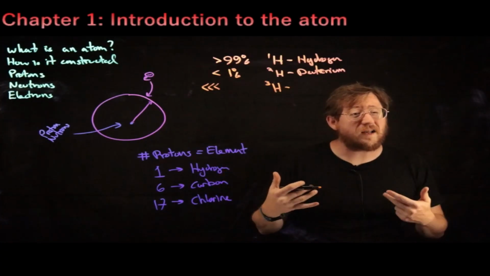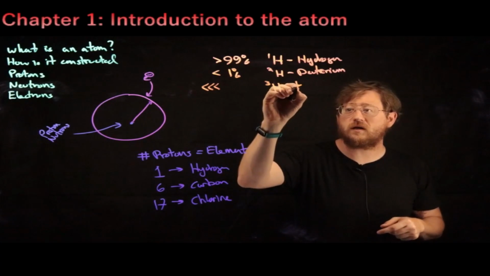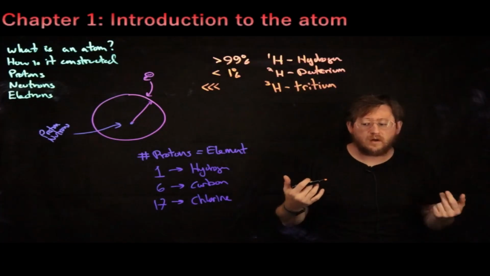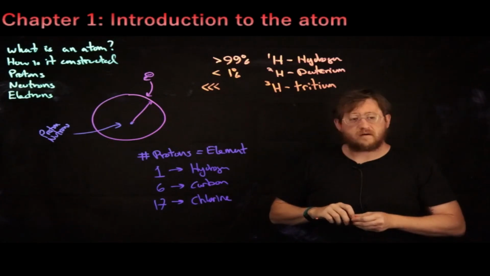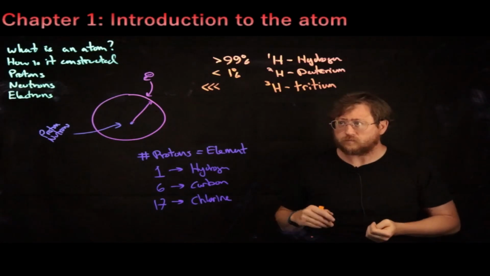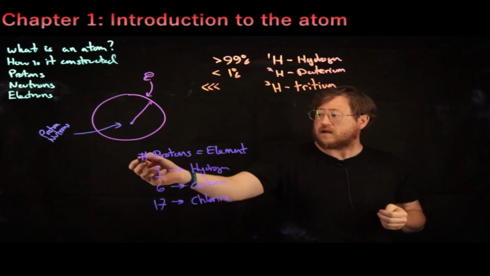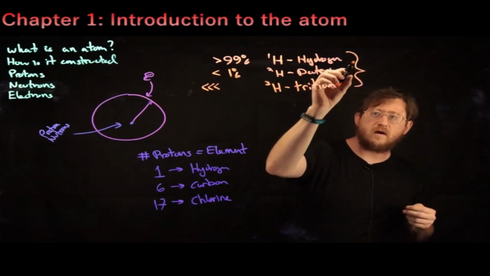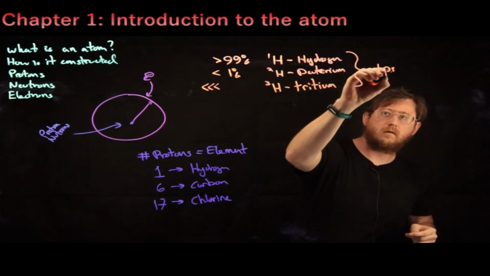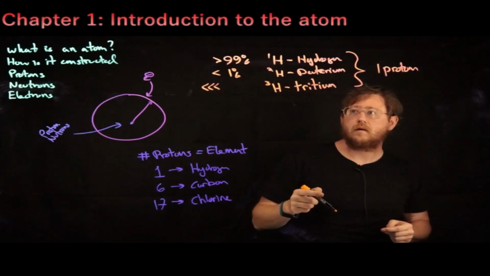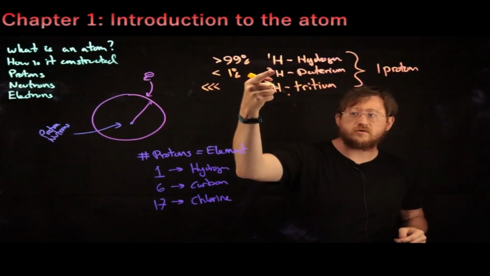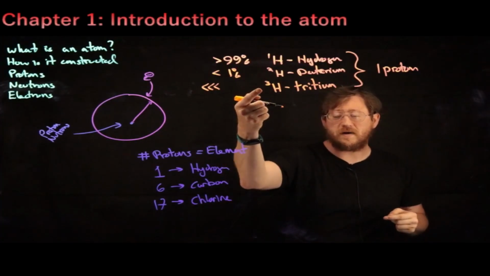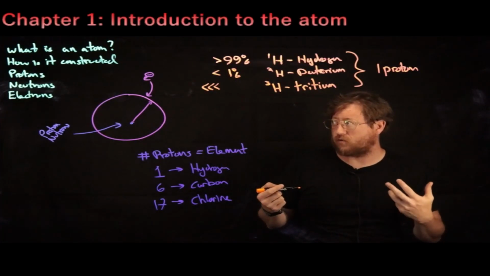It's a radioactive form of hydrogen called tritium. And if you have any tritium in your lab, the Department of Energy would like to know about it. And so all of these forms have exactly 1 proton. Hydrogen has no neutrons, deuterium has 1 neutron, and tritium has 2 neutrons. So the masses of those hydrogens are reported there.